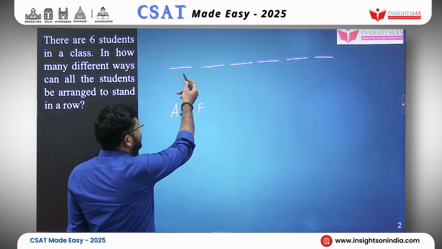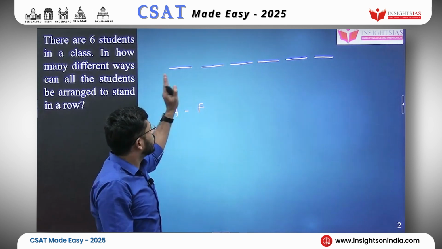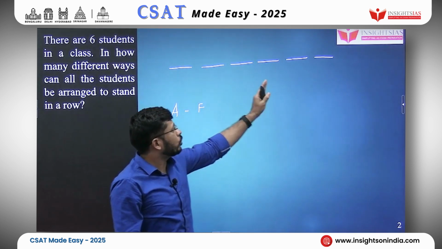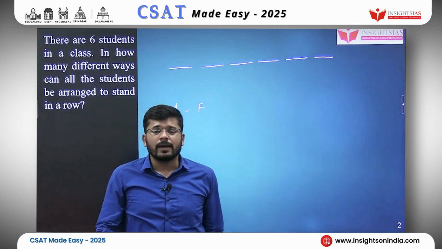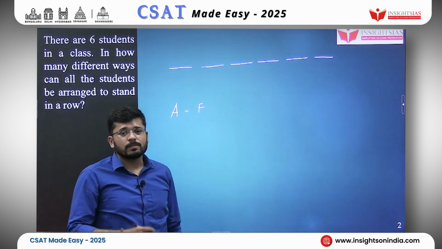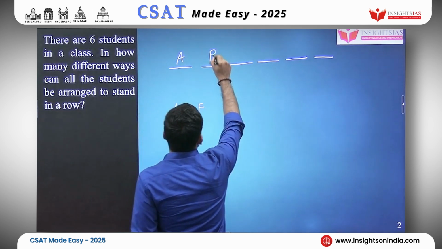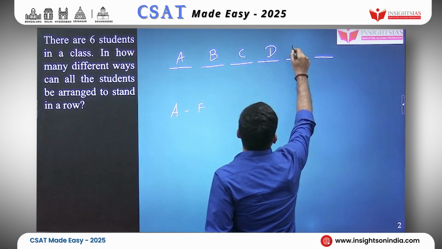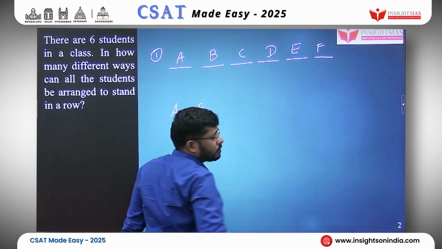Let's consider this the first position and that the last position. First position, second position, third position, fourth position, fifth and sixth. So we have 6 positions, right? In the first position, we can make A to stand, then B, then C, D, E and F. This would be one way.